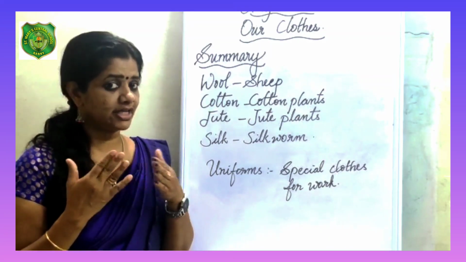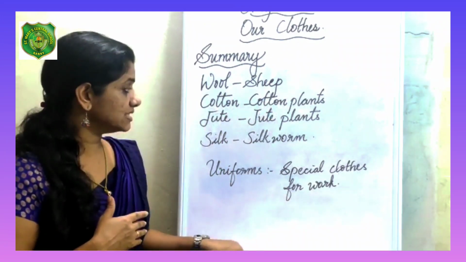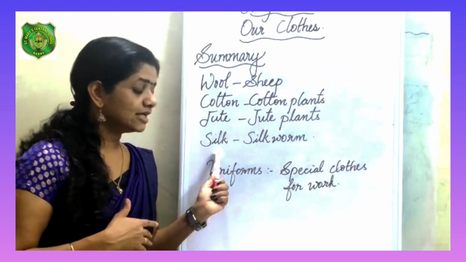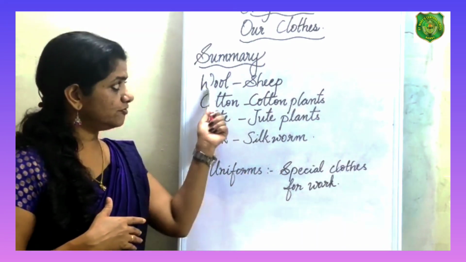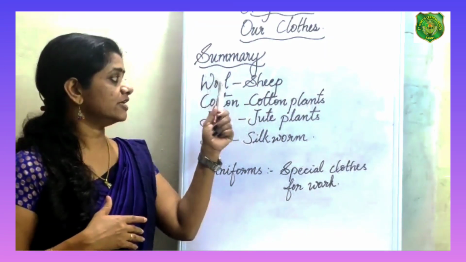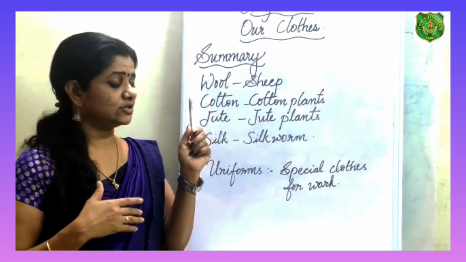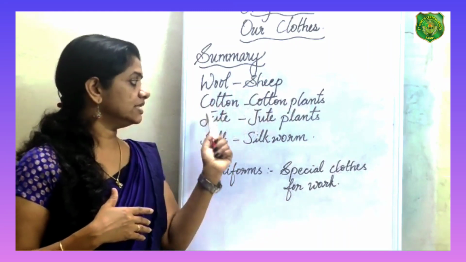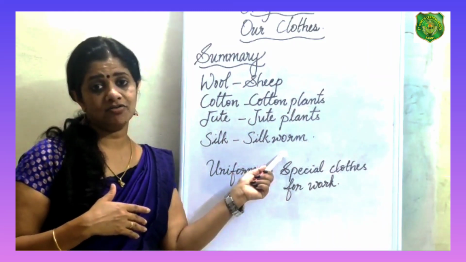We get cotton from cotton plants, jute from jute plants, silk from silkworm, and wool from sheep.